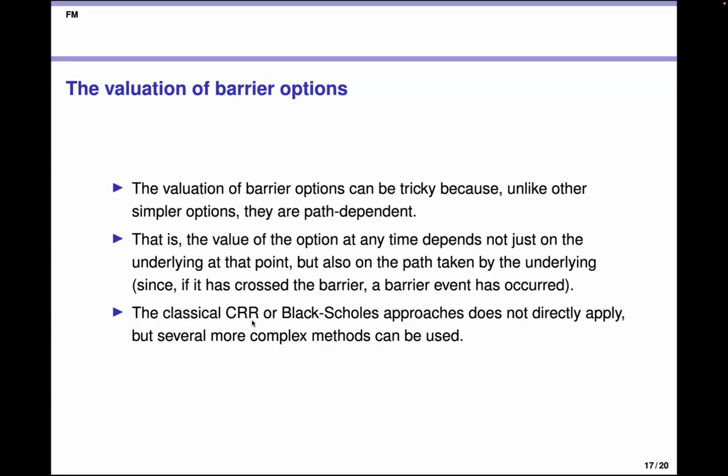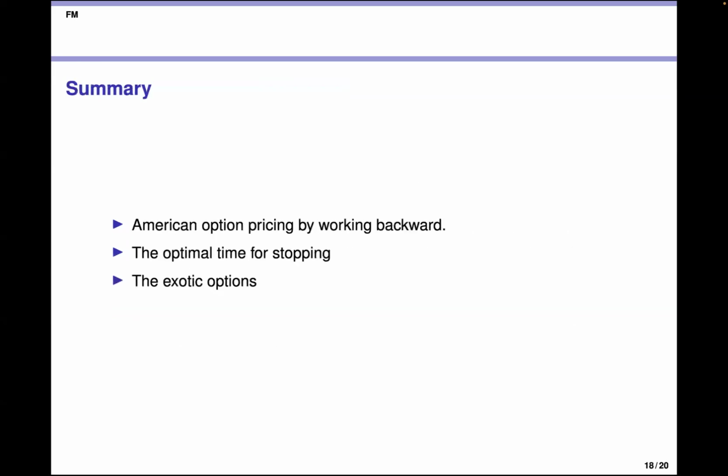The classical Cox-Ross-Rubinstein or Black-Scholes approaches, Black-Scholes we will study later, don't directly apply, but several more complex methods can be used. So if you are interested, you can choose it, for example, as the topic of your diploma work, okay?